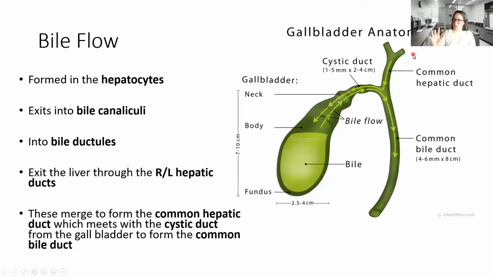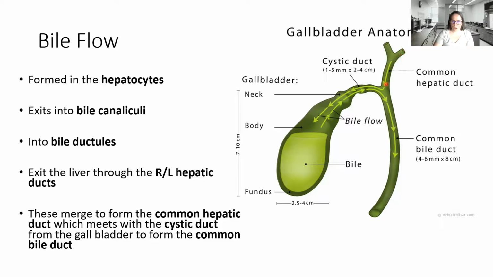So your liver, as I try to show you, is going to sit just on top of this. So we have the right and the left hepatic ducts. They're the big draining vessels out of the liver. They're going to come together and form the common hepatic duct, which meets up with the cystic duct coming from the gallbladder.